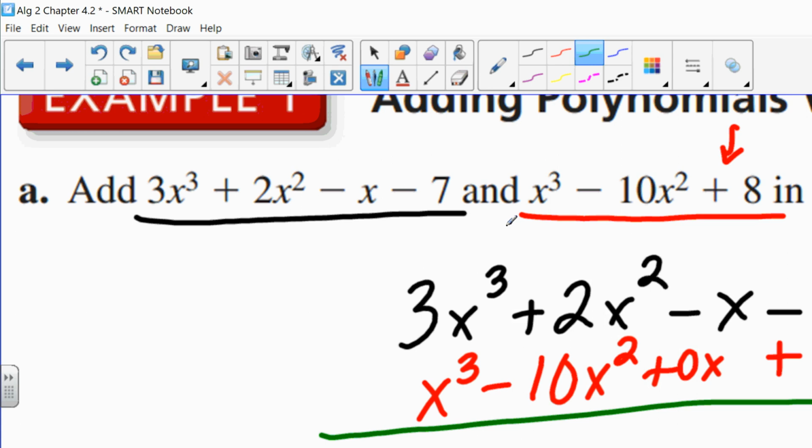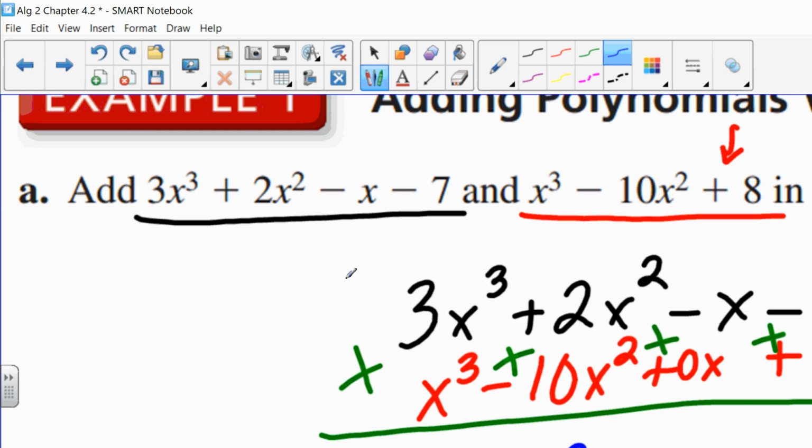And now what we're going to do is we're going to add. Well, 3x cubed plus x cubed is x cubed. 2x squared plus negative 10x squared is negative 8x squared. Well, negative x plus 0x is negative x.